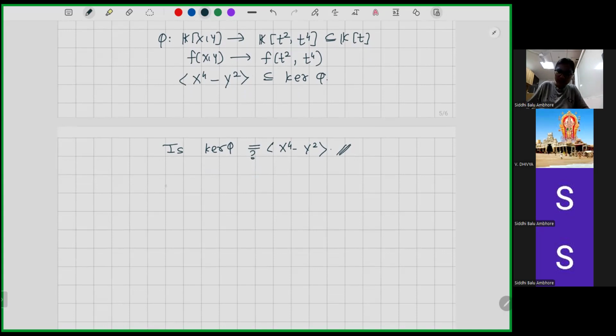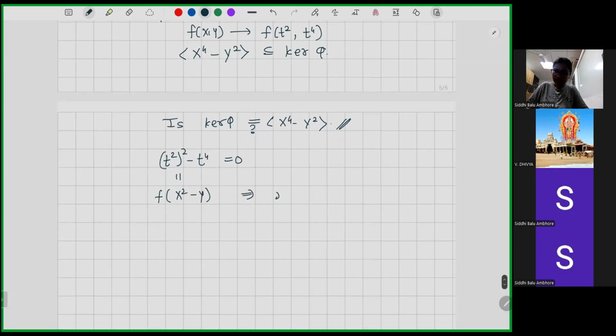So clearly t^2 minus t^4 is 0 here, right? But if I want to see this, it is f of x^2 minus y, right? So this implies that x^2 minus y belongs to the kernel of phi.